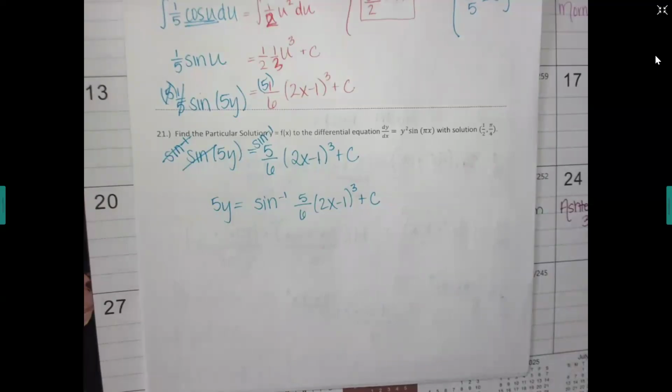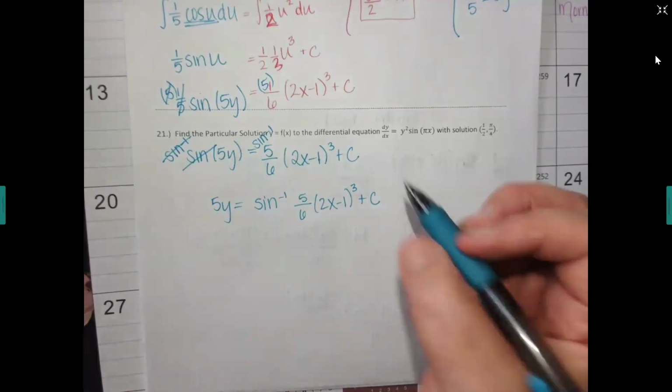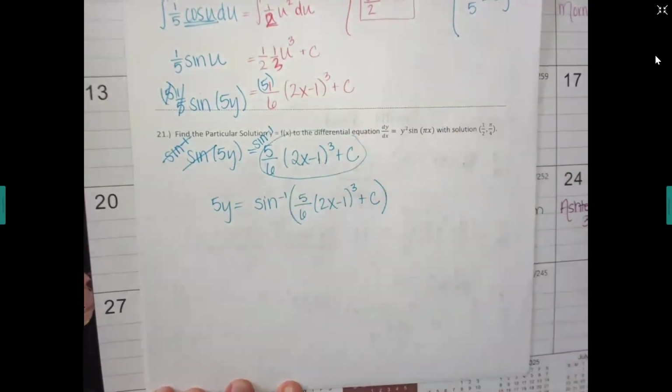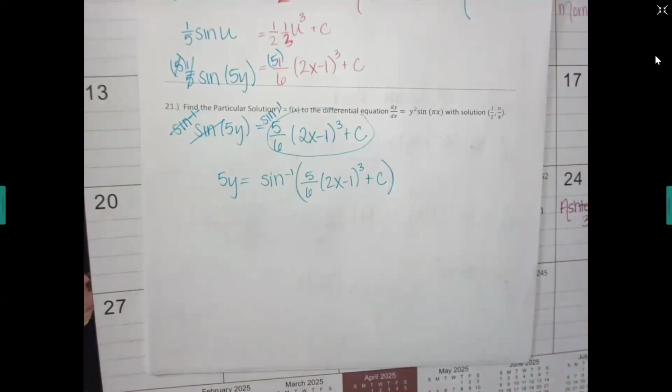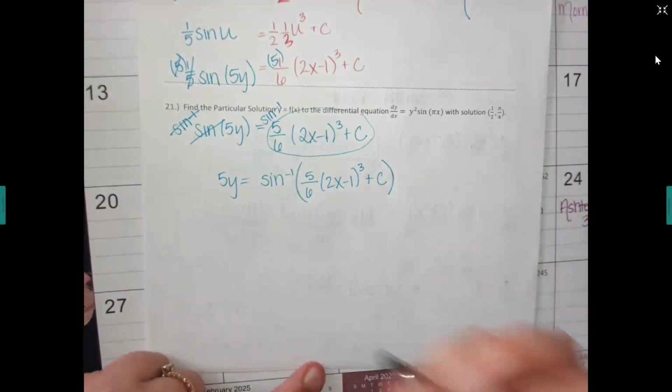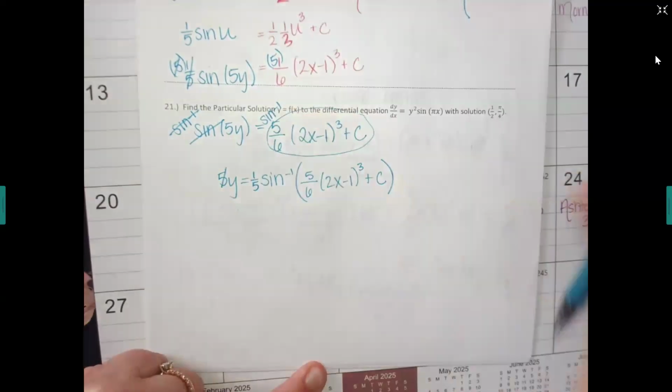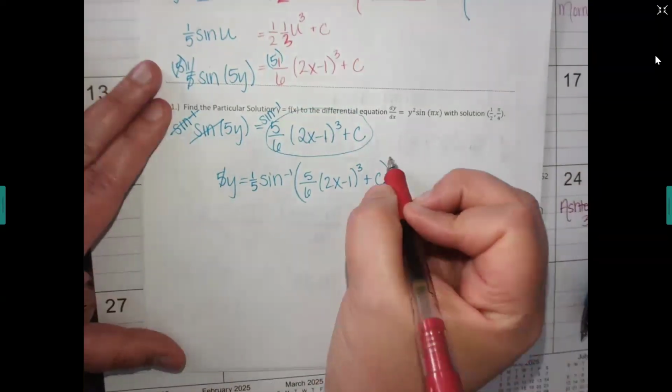The c is also inside the inverse sine. So this whole side needs to go inside what you're applying to the other side. The c is not separate from that. Okay, and then how do I get rid of the 5 in the front? Divide by 5. So I'm just going to apply a 1/5 and call it a day, so I don't have to rewrite it.